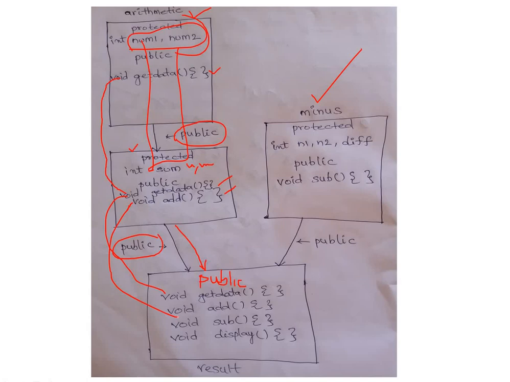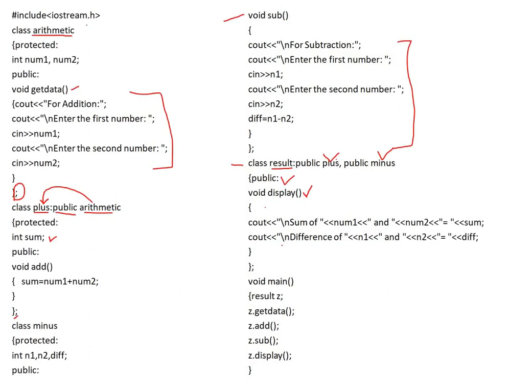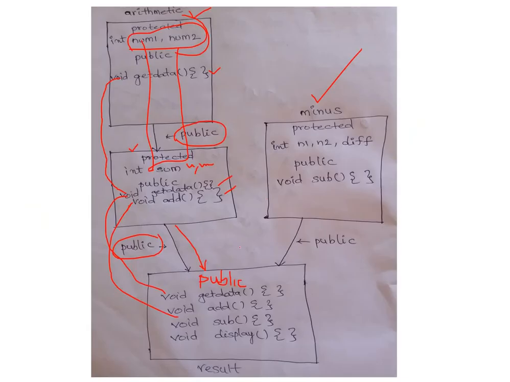Already we have defined the display member function under the public section. This is a display member function, right? Now let us consider the next one. Next, the relation between the minus class and the result class.